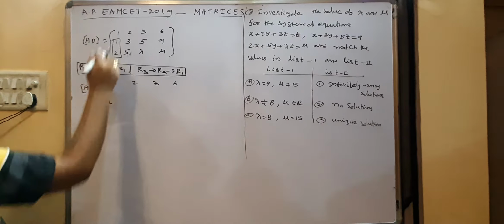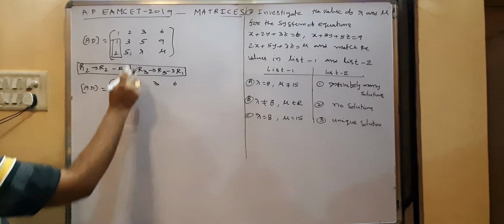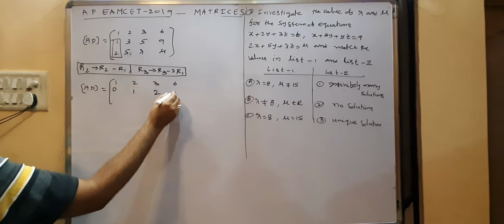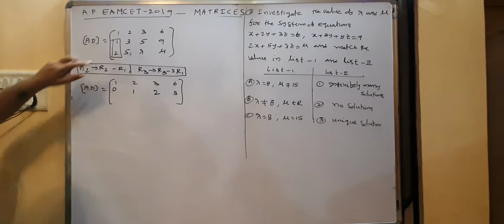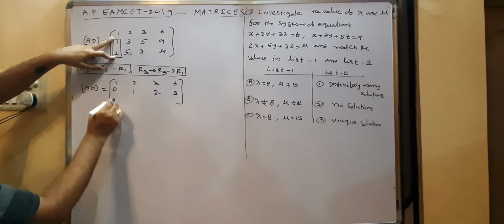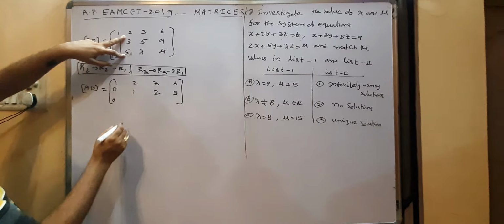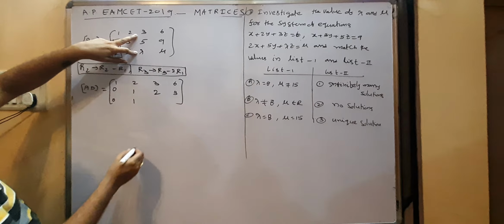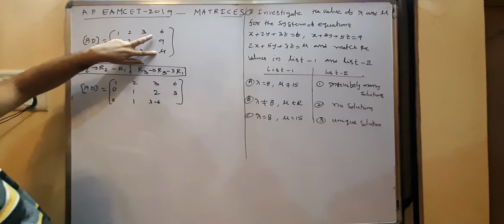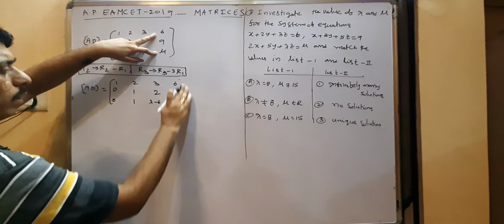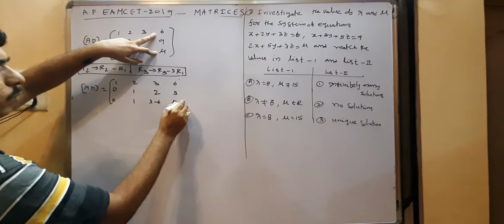Second row: 1 minus 1 is 0, 3 minus 2 is 1, 5 minus 3 is 2, 9 minus 6 is 3. R3 tends to R3 minus 2R1: 2 minus 2 into 1 is 0, 5 minus 2 into 2, 5 minus 4 is 1, lambda minus 2 into 3, lambda minus 6, next mu minus 2 into 6, mu minus 12.